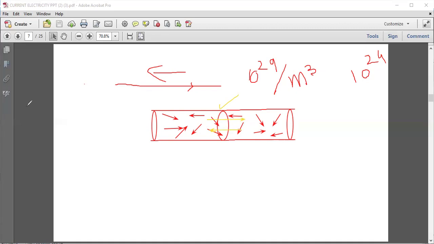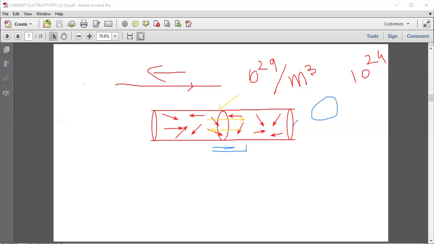Means overall flow of free electrons over this cross section will become zero. Means current will be zero.